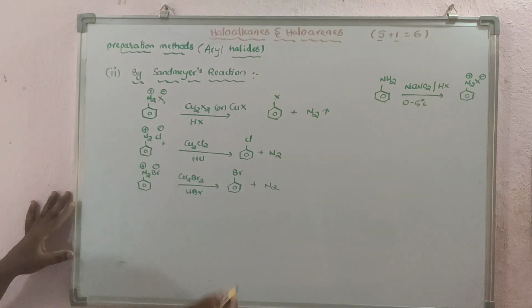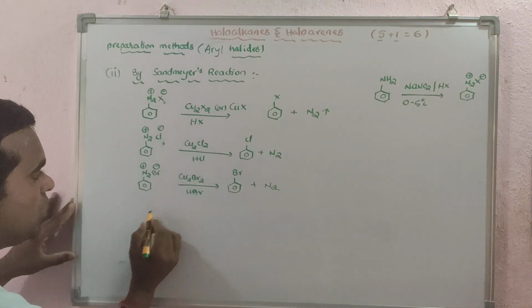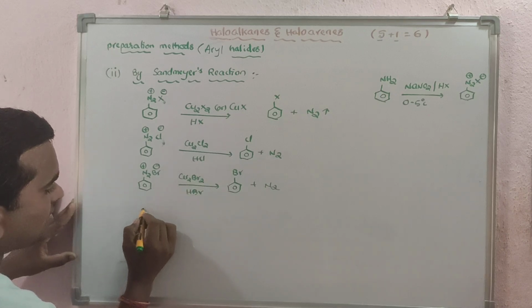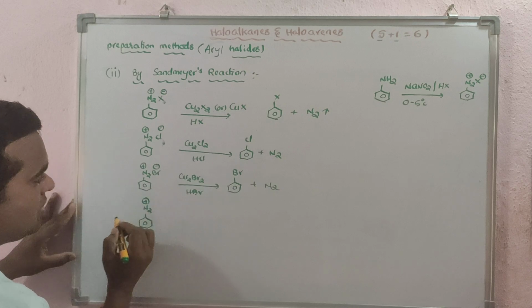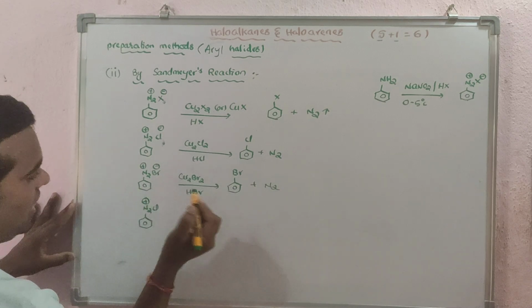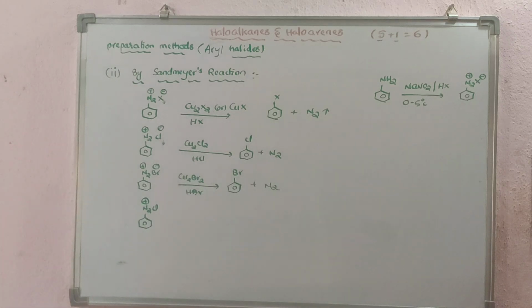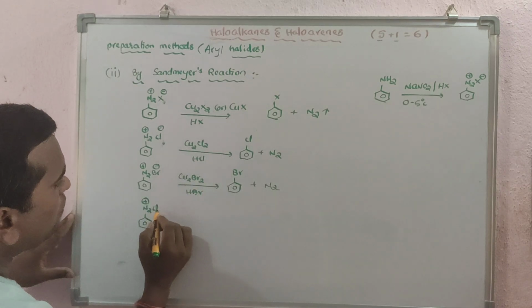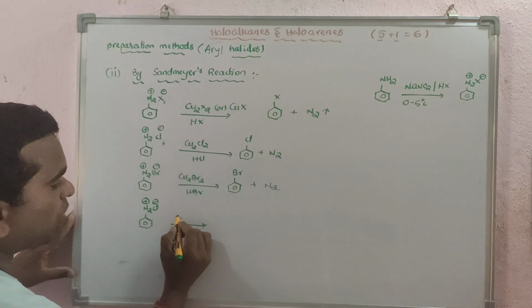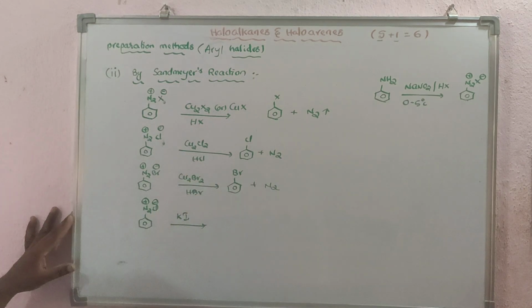If you want to prepare iodobenzene, you need not use cuprous halides here. Suppose I take benzene diazonium chloride. Simply treat this one with potassium iodide.